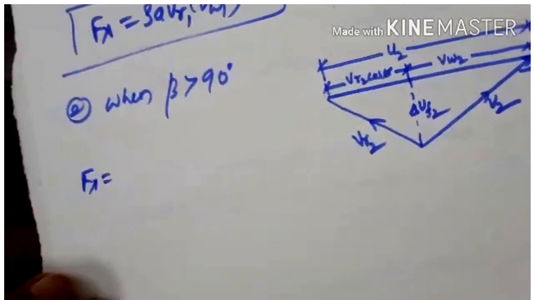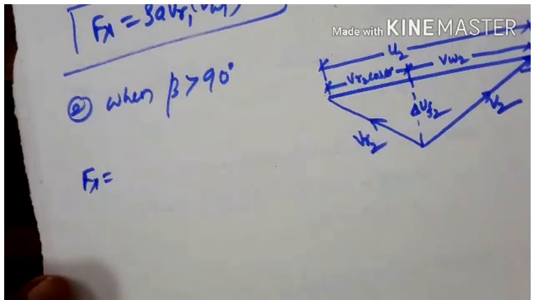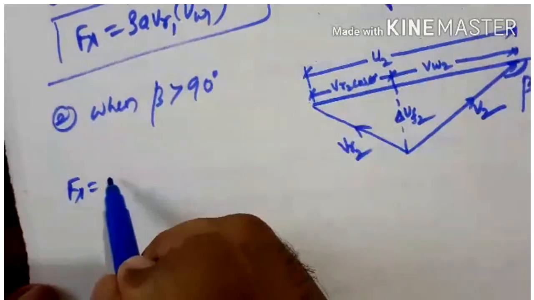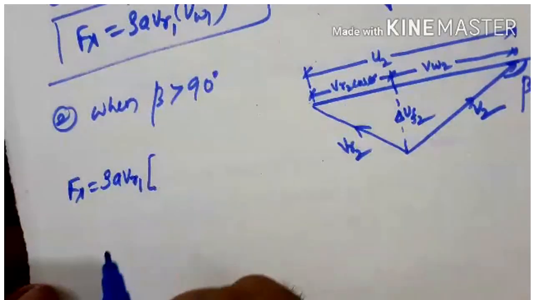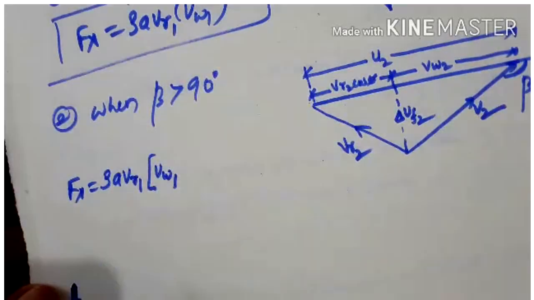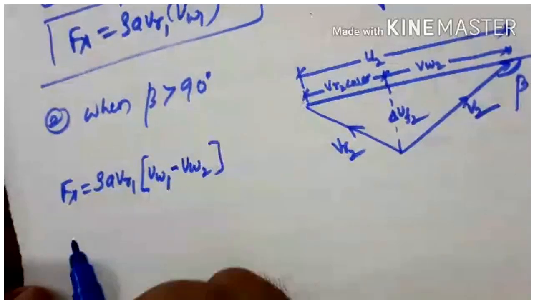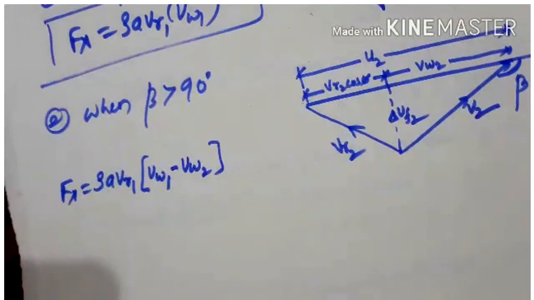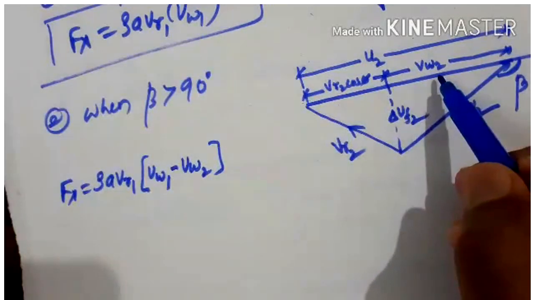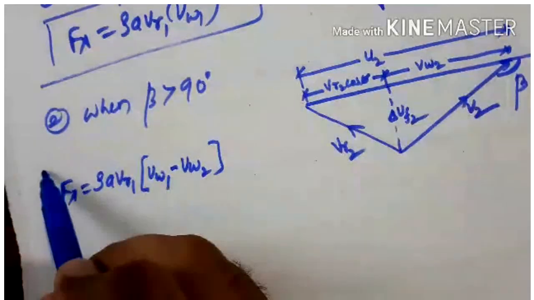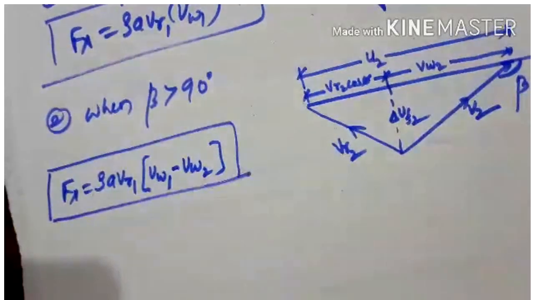If you want to calculate Fx, we get rho A VR1 into VW1 minus VW2. So we get minus VW2 here when beta is more than 90 degrees. This is the equation we get finally.